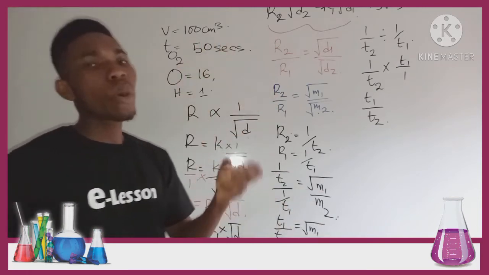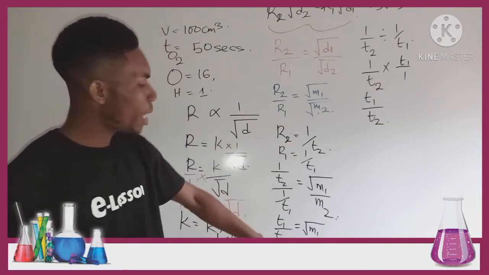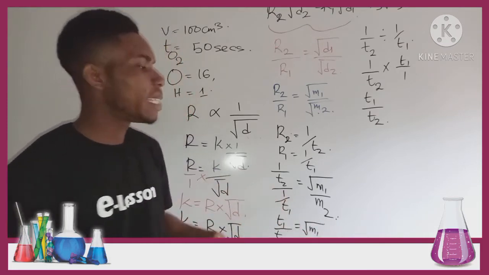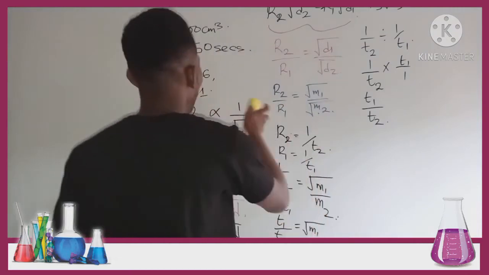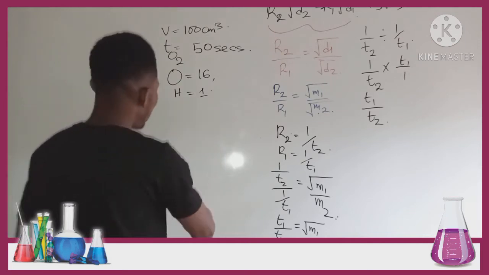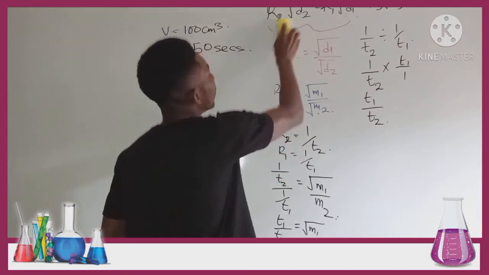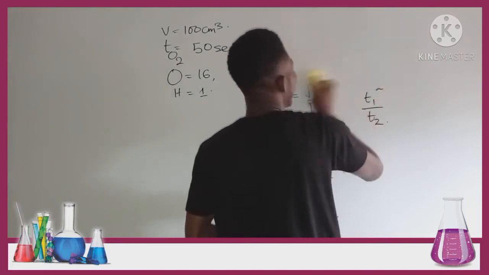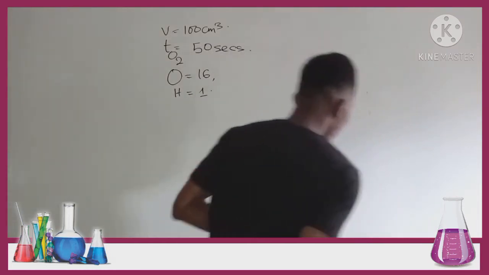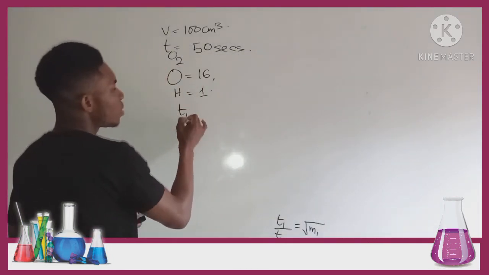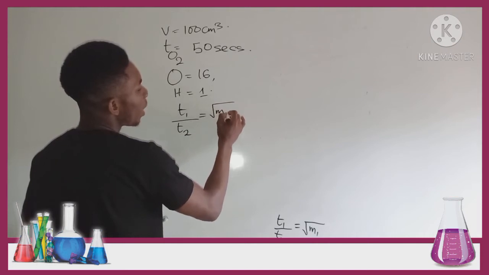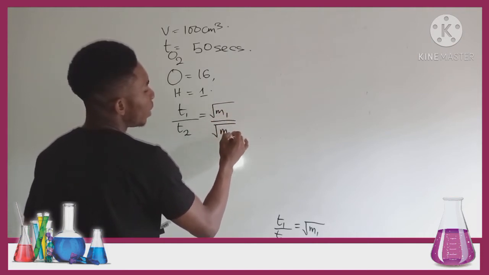Everything that we've been proving boils down to this. The most important thing to know when solving a problem like this is to memorize the formula, apply it, and then continue your solving. Our final formula says t1 over t2 is equal to root of m1 over root of m2.